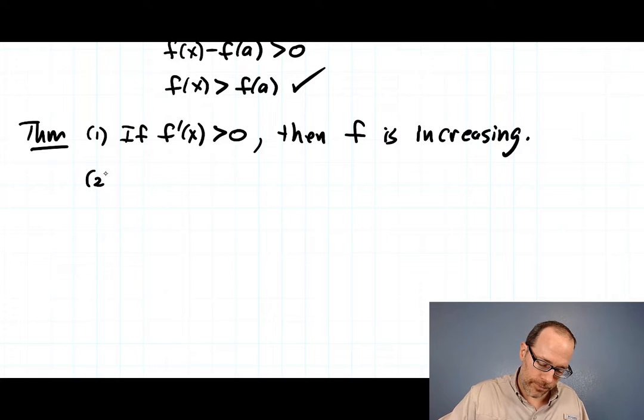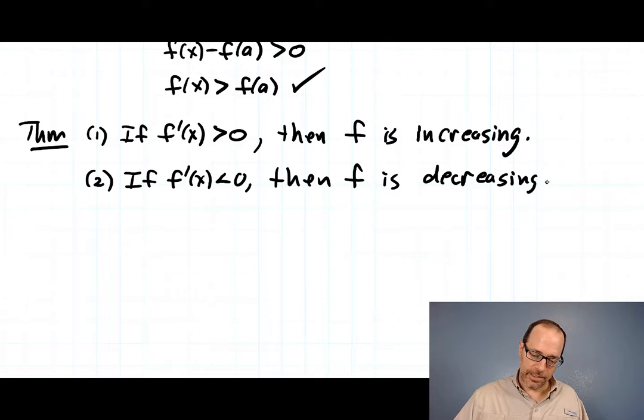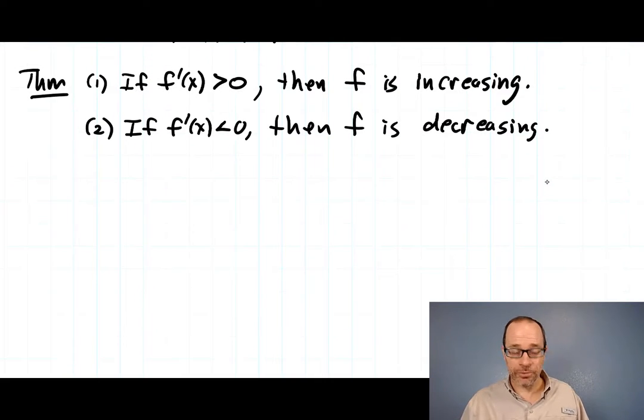And 2, if f prime of x is less than 0, then f is decreasing. Okay? So let's do an example with this.